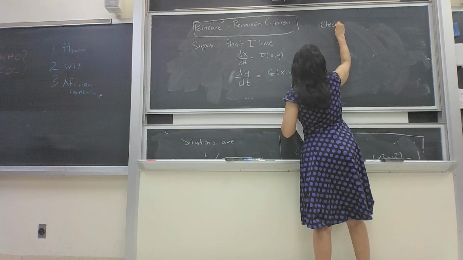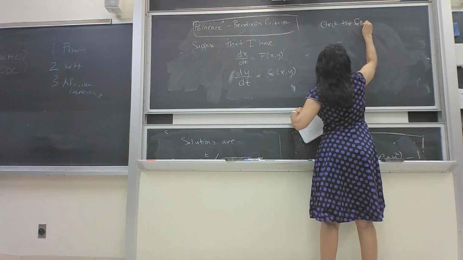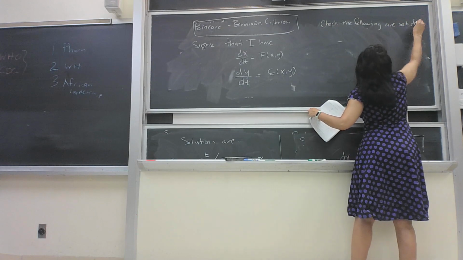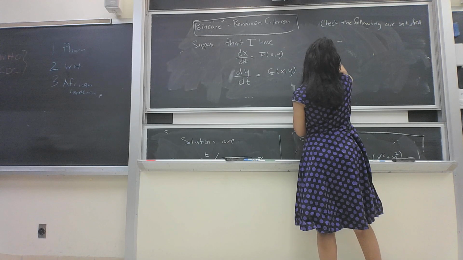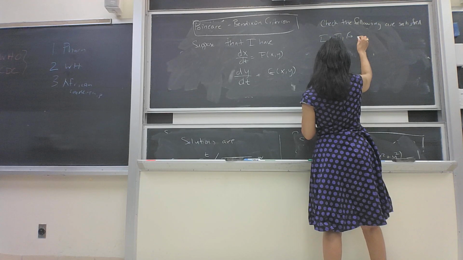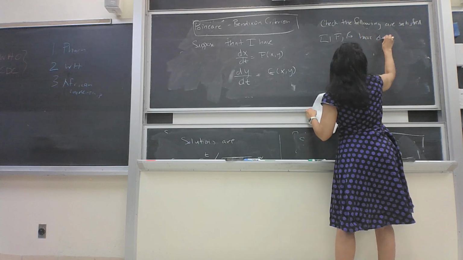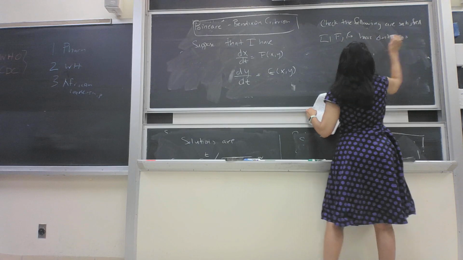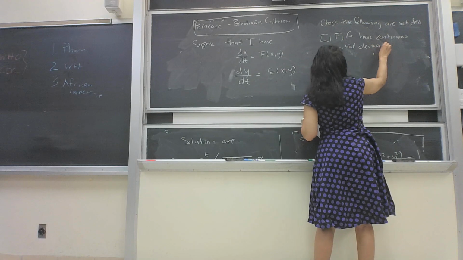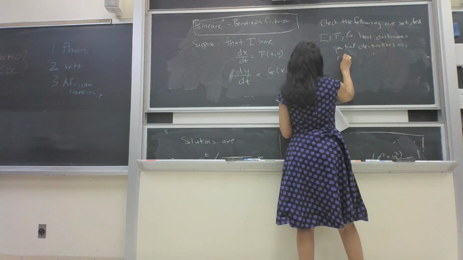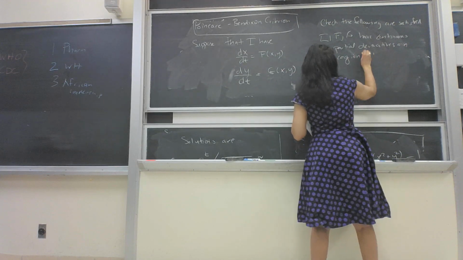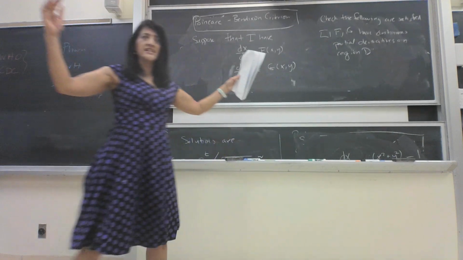Check the following are satisfied: the functions have continuous partial derivatives on a region D. In the previous example, you can think of the region D as being like inside the unit circle.